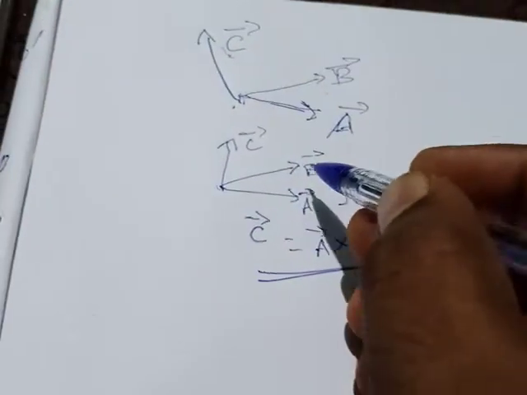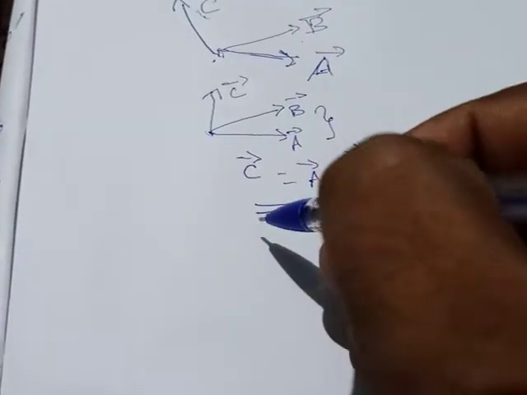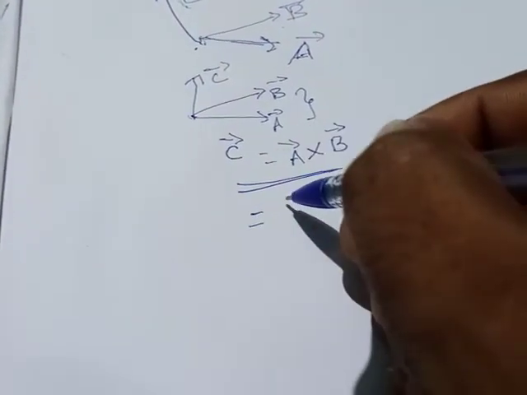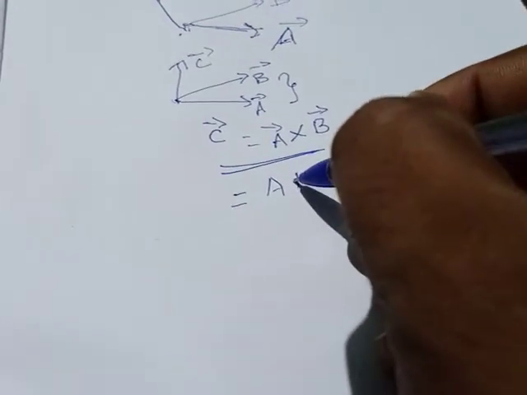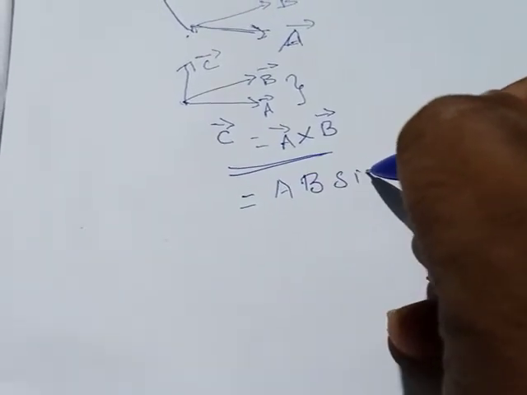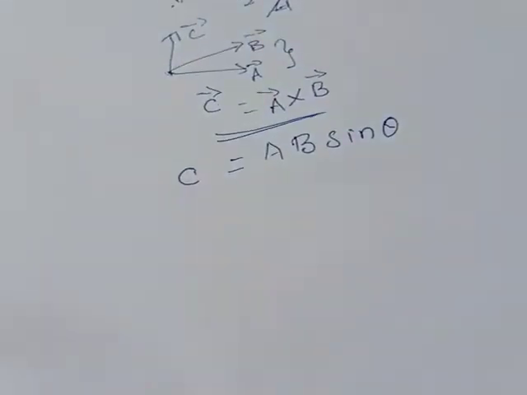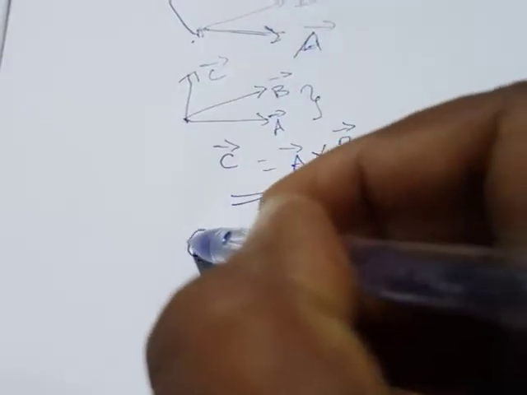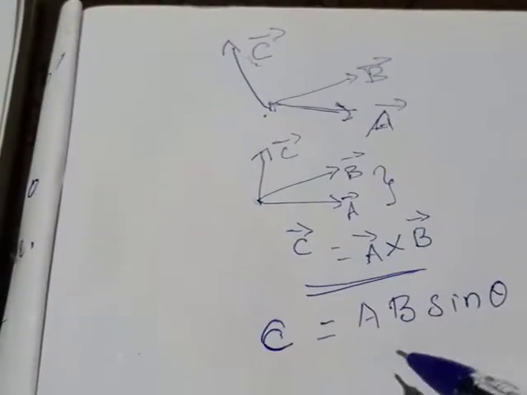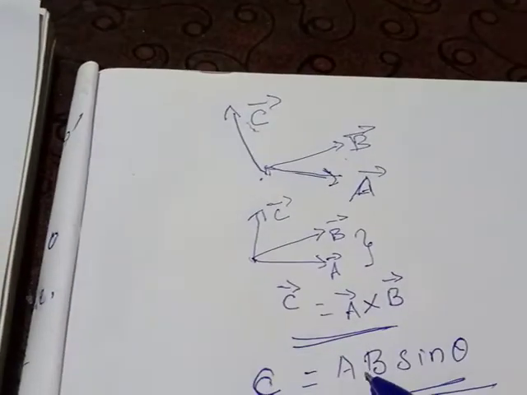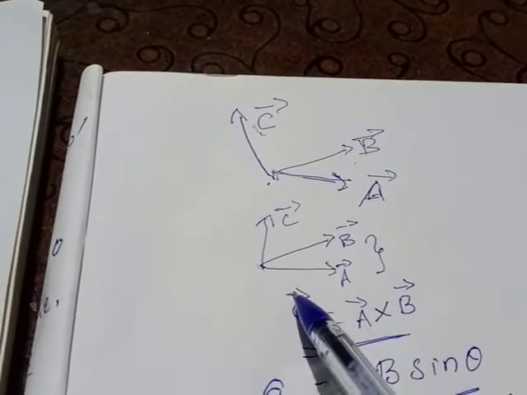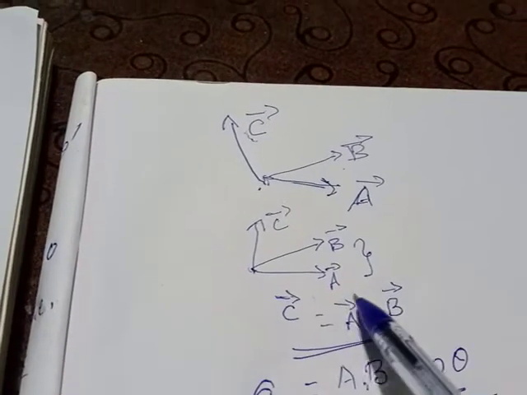The same formula you can write in terms of only magnitude: C is equal to AB sin theta. This is only magnitude, and here you can see there is a direction.